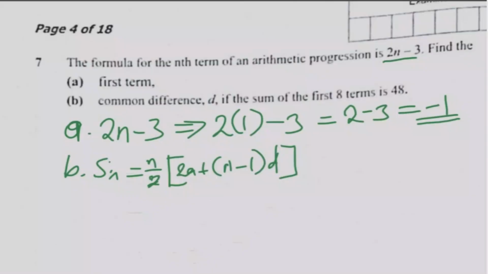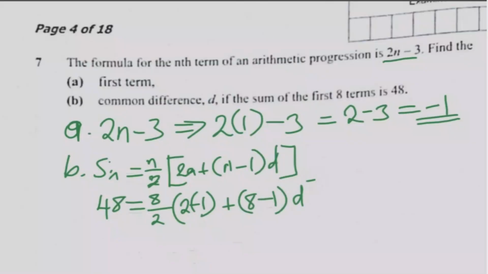Okay, so what I need to do now is just replace the letters by their numerical values. So Sn is equal to the sum of the terms, which is 48, which is equal to n is 8, there are 8 terms, divided by 2, open bracket, 2a, that is the first term, which we found to be negative 1. So 2 times negative 1, then plus, open bracket, n, that is 8, minus 1, close bracket, d, close bracket.